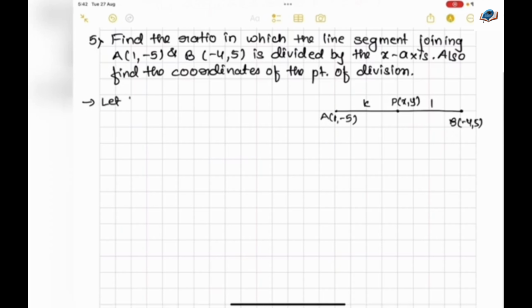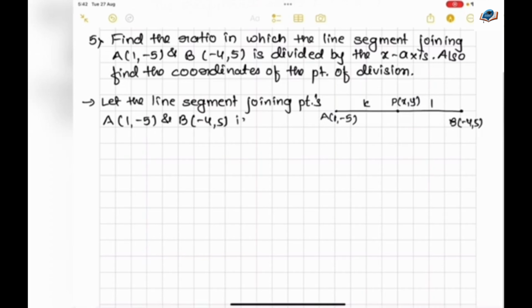So, let the line segment joining points A 1 comma minus 5 and B minus 4 comma 5 is divided by x-axis at point P x comma 0 into k is to 1 ratio.